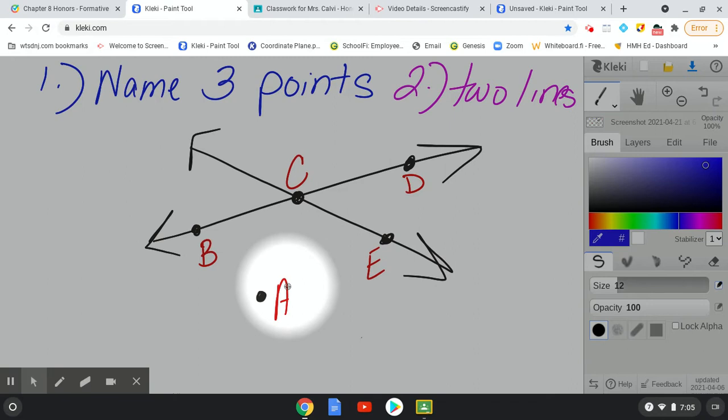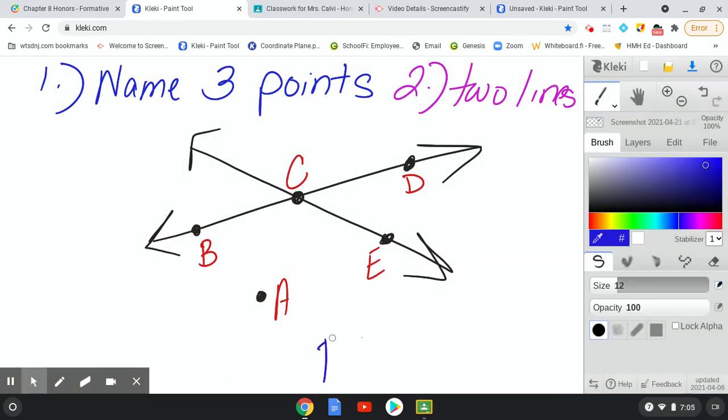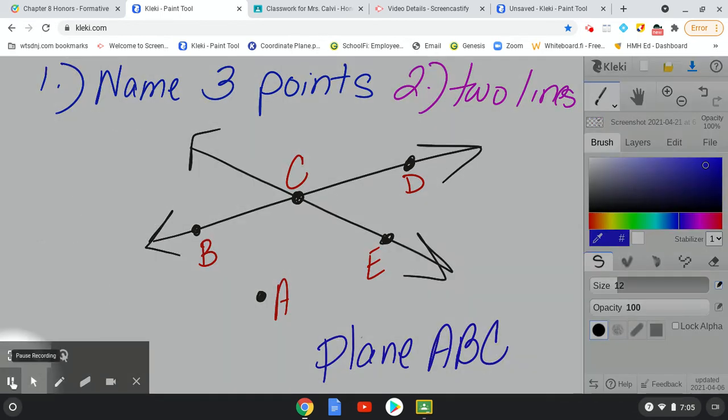I can, in fact, though, say plane ABC, because although B and C are on the same line, A is not. You just can't have all 3 on the same line, okay? So I would then write plane. There is no symbol for plane, so you just have to actually write the word plane ABC, okay?